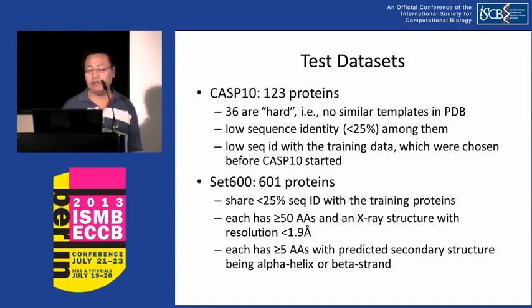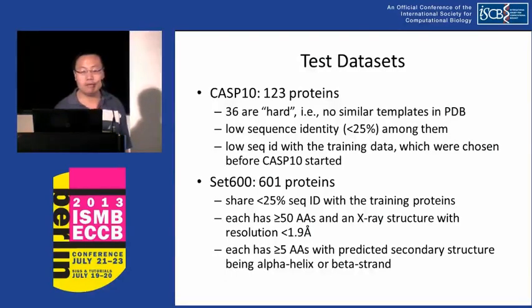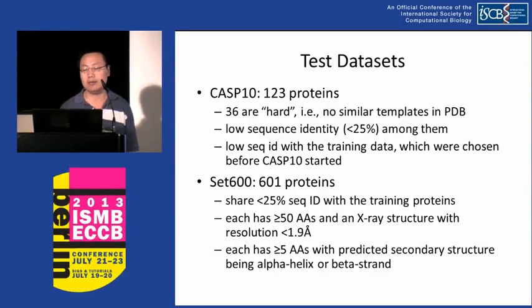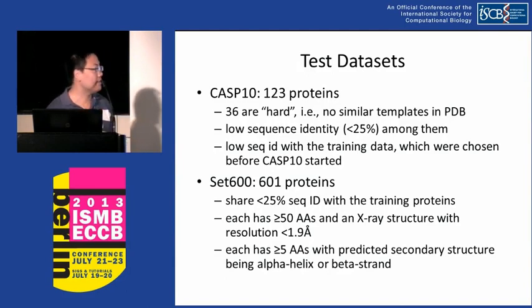We also make sure all these test proteins have no sequence redundancy among them. We also ran BLAST to compare CASP10 with our training data, and the sequence identity between these CASP10 targets and our training data is very low. The second set is a large set, which we call Set 600.